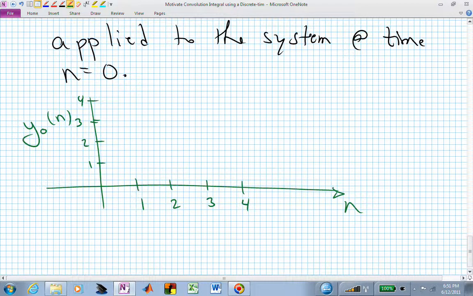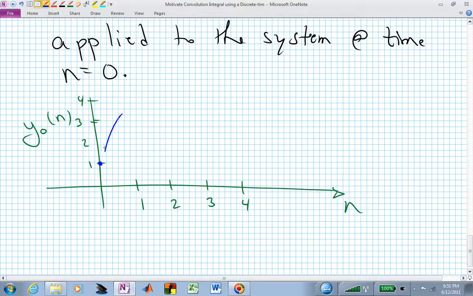The pulse response had a value of 1/2 at time n equals 0. We want to scale that by 2 because our input that we are applying is of magnitude 2, which means we are going to have a value of 2 times 1/2, where we will produce an output of 1.